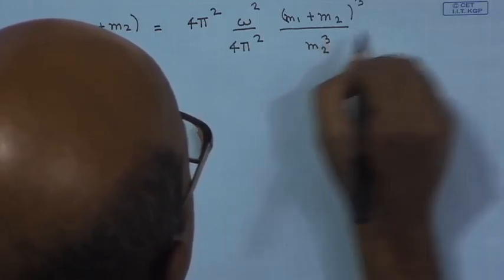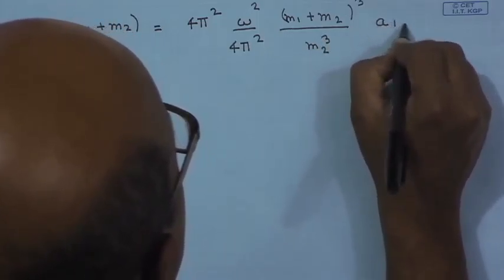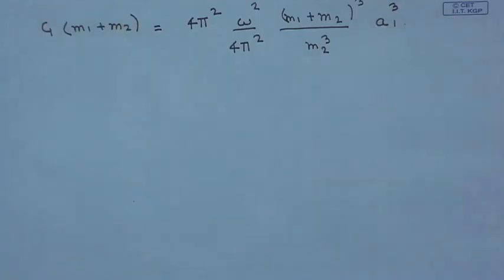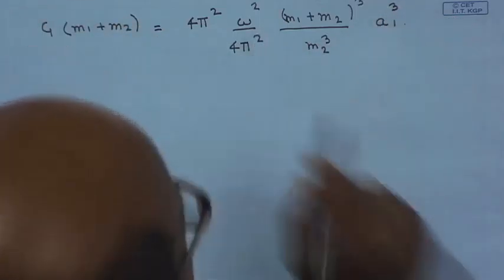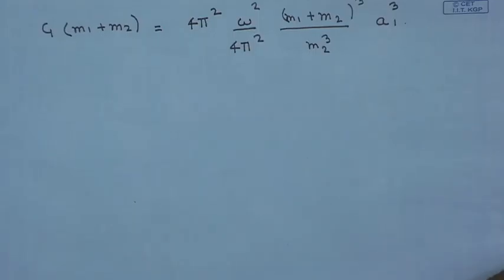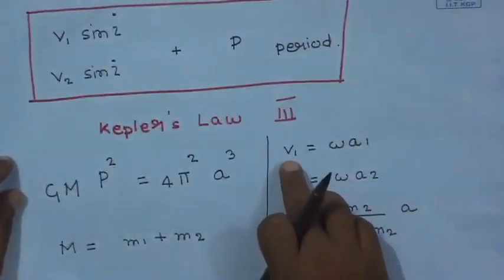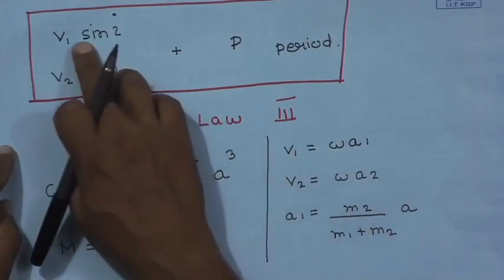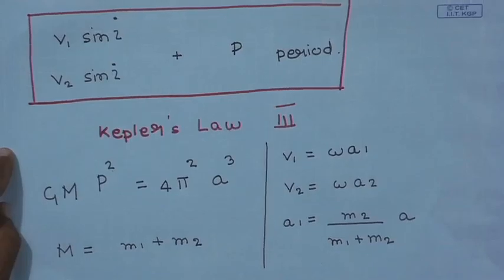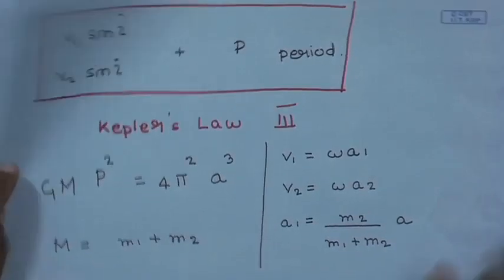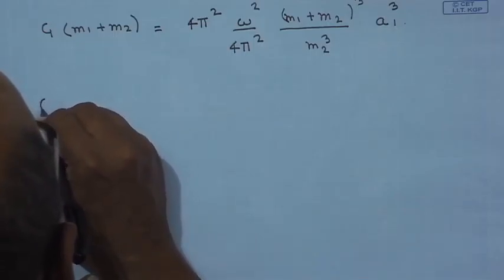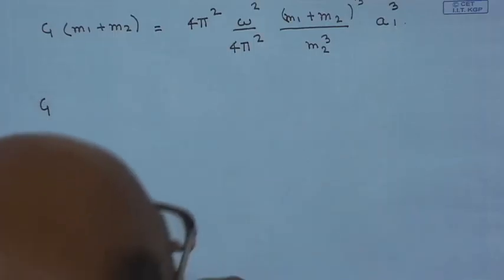and a1 cubed into omega cubed, we know, is the maximum speed of the first object cubed, provided you multiply it with sin i. So, let us try to simplify this first.